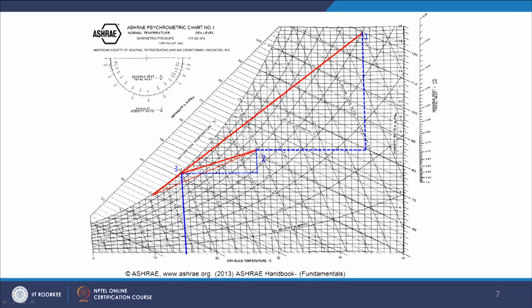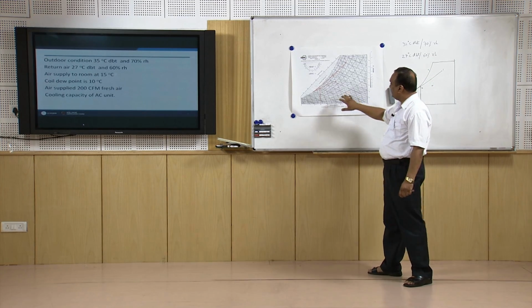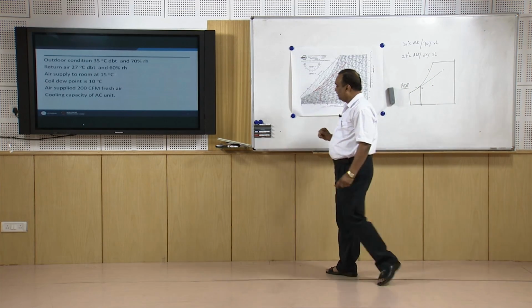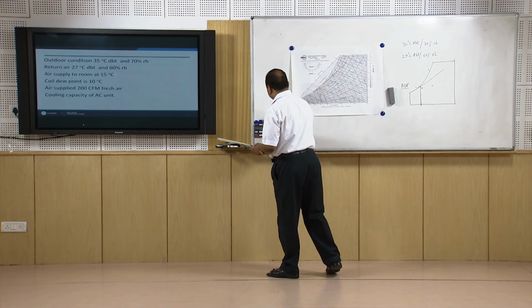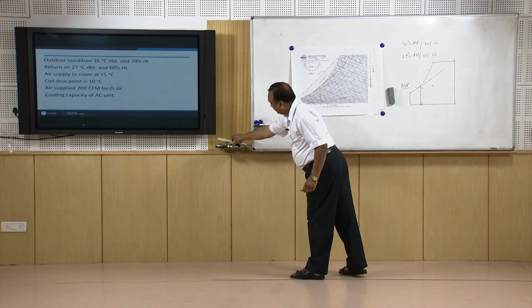Now, when we start the AC, we assume that the room is filled with the outside air and the room condition is 35 and 70%. After running for a certain time, this supply air now picks up heat from the room. Now, this thing we did not discuss when we discussed the psychrometric processes.